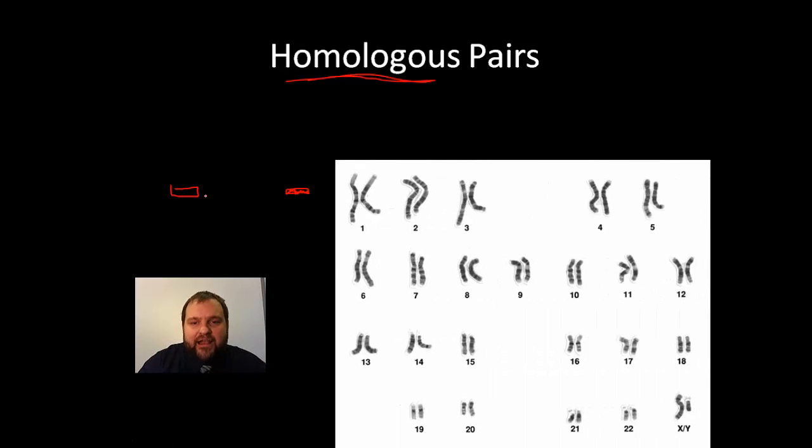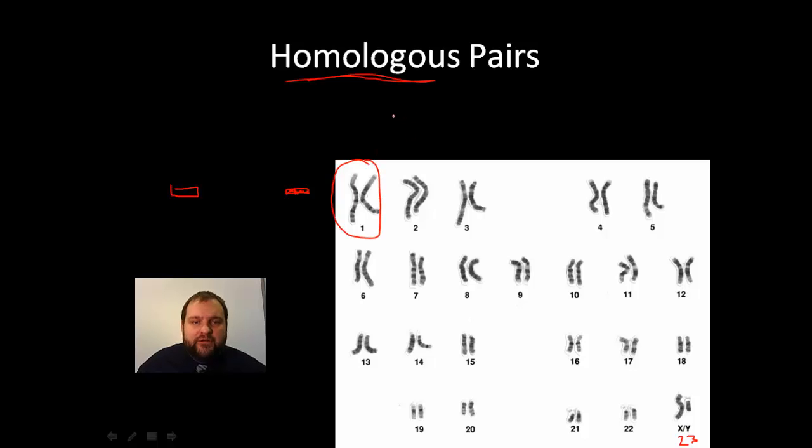A karyotype is just all the pictures of chromosomes in one individual. So if I were to take a picture of all my chromosomes, we would get a karyotype. And here's a karyotype. We can see that each of my 23 pairs of chromosomes, so this would be set number 23 down here, contains 2 chromosomes.